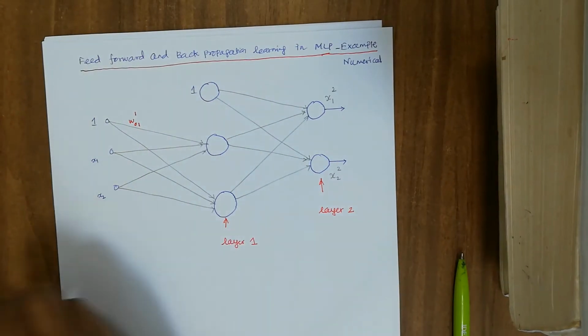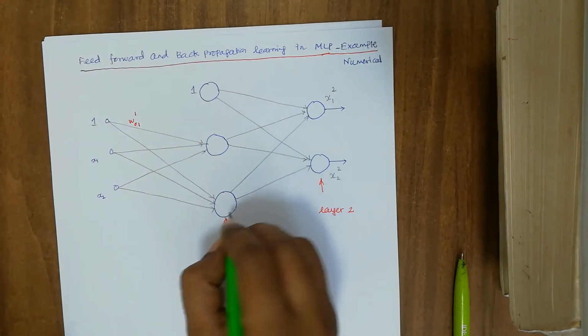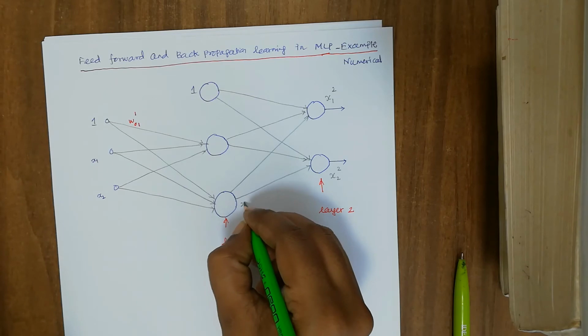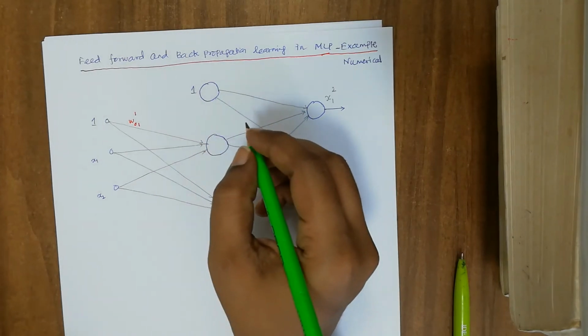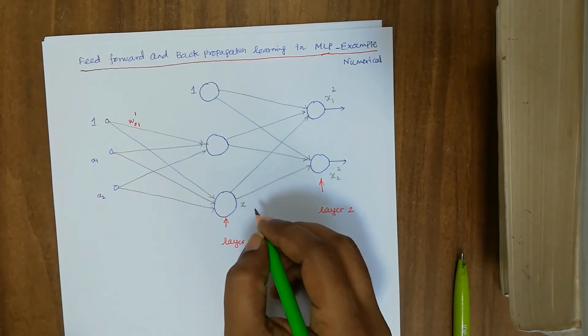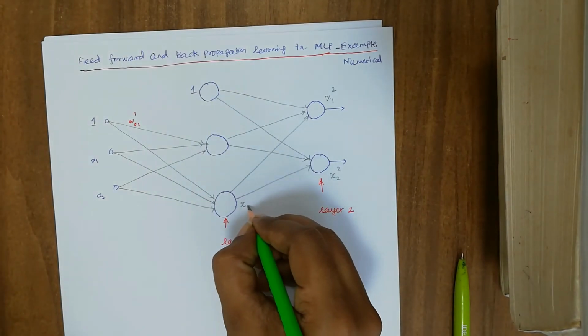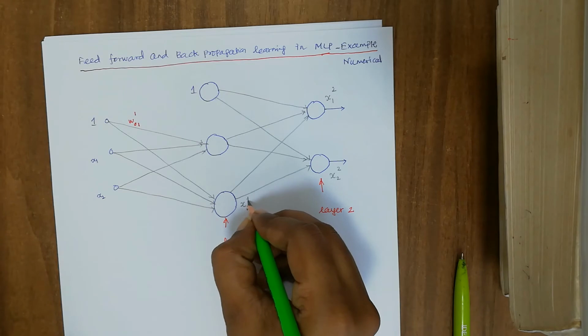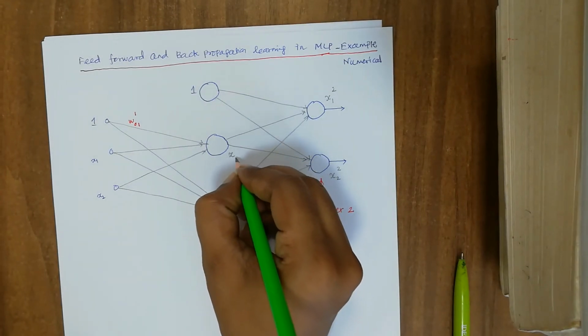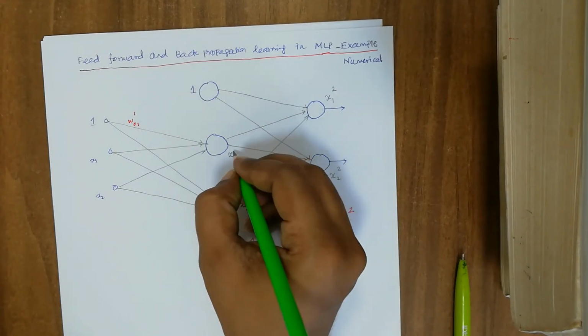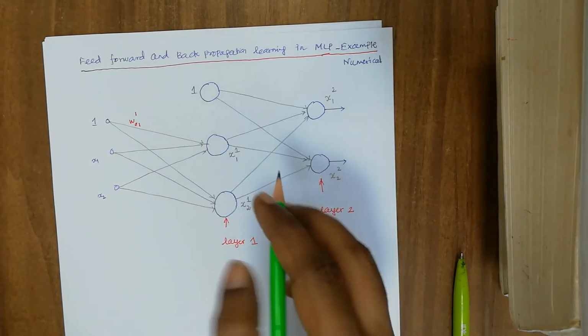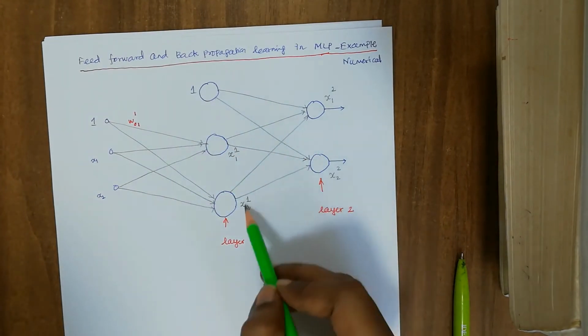Okay, similarly we can write these things as output of the, suppose if we take this as x2, this is bias, so x2 in the first layer, and we can write this as x1, first neuron in the first layer. Okay, so these notations are clear.